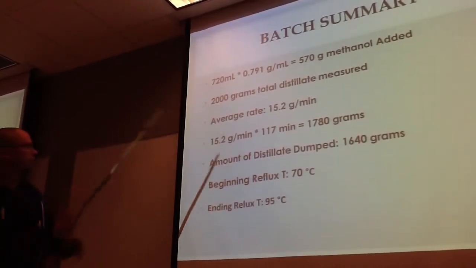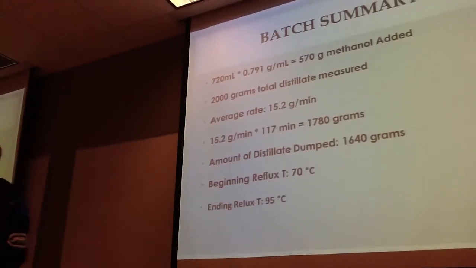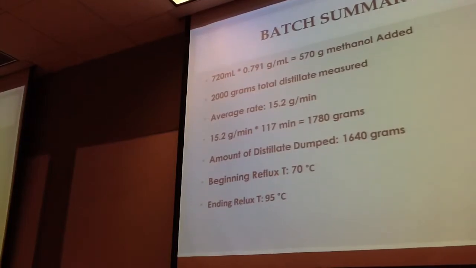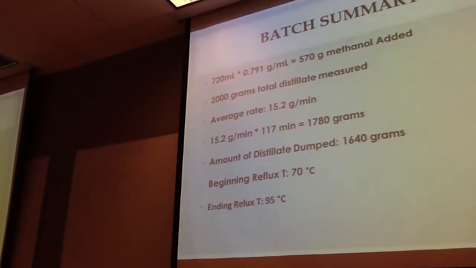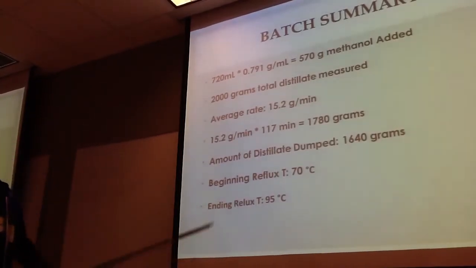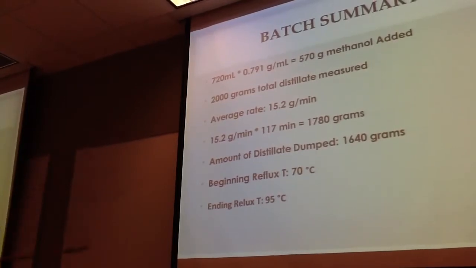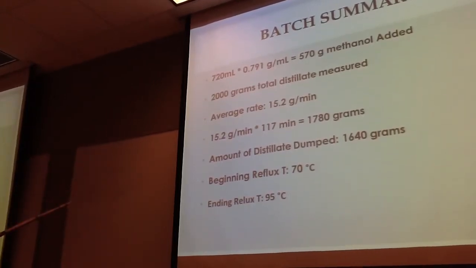Averaging the rates, I get about 15.2 grams a minute of distillate collected. Looking at the amount of distillate dumped and trying to interpolate a little, I get 1,640, so I ended up with a difference of about 140 grams. So I'm estimating that's about what failed to be measured.